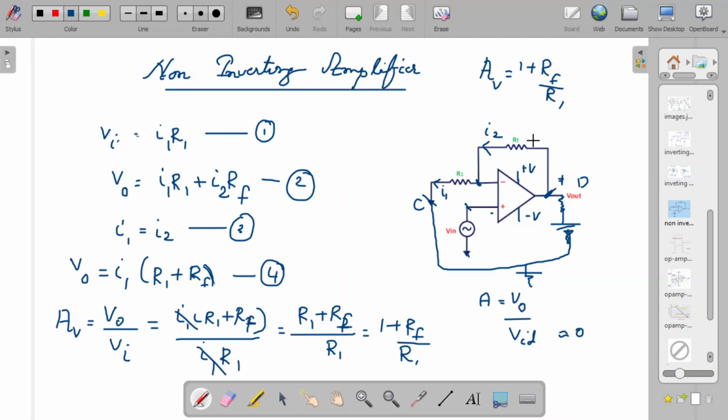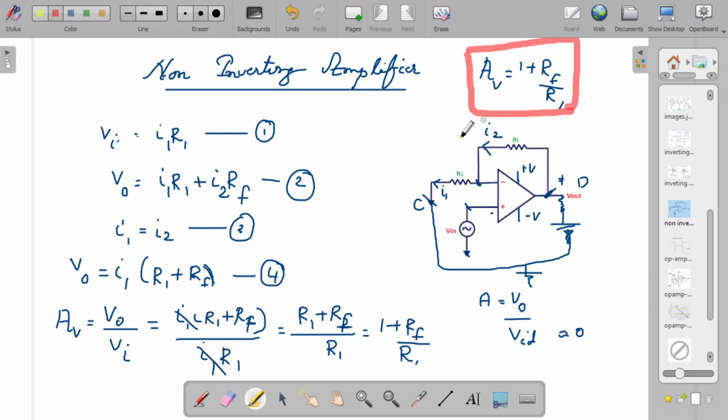One thing you have to remember is that in a non-inverting amplifier, the output voltage is in phase with the input voltage. No phase inversion takes place, and that is why we say that it is a non-inverting amplifier. The gain of the amplifier is very important: gain is equal to 1 plus RF by R1.